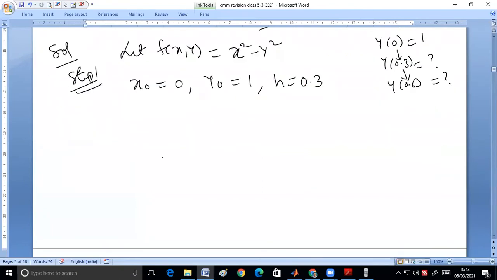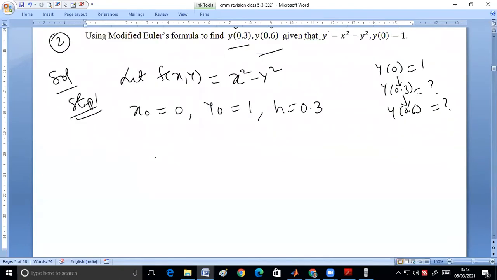First, we will apply Euler's method, then we will modify it.